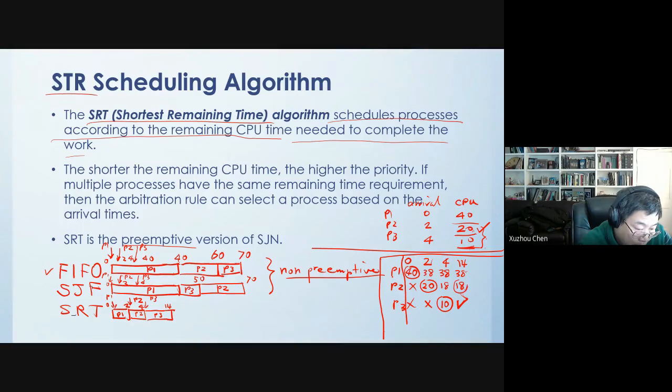P2 can be selected, so P2 is going to continue. It continues to run 18 time units, so 14 plus 18, that's 32. So P2.